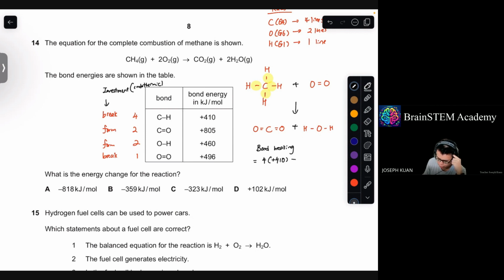And then we need to break 1 oxygen-oxygen double bond, so another 496. Add them all together. Allow me to use the calculator real quick in order to speed this up. So this is 2136.